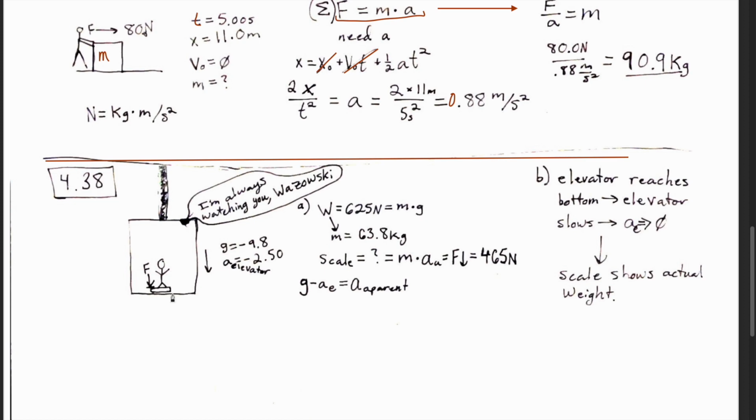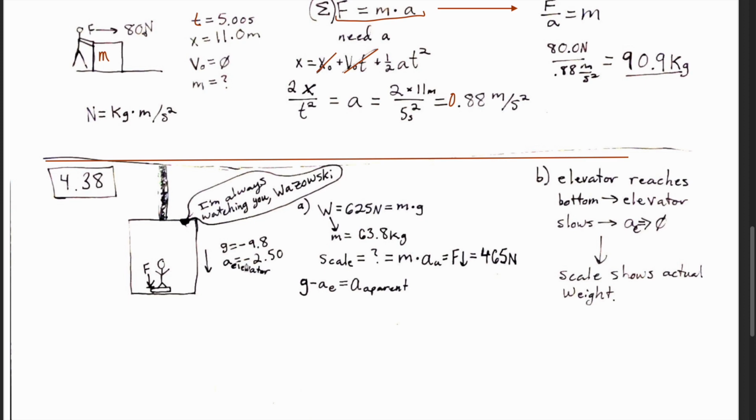So for A, the acceleration here is negative 2.50. Whenever you jump onto an elevator, if it goes up, you feel like you're forced into the floor of the elevator. If it goes down, you feel a little bit lighter at the beginning, but then at the end, as it slows down, you always feel heavier.